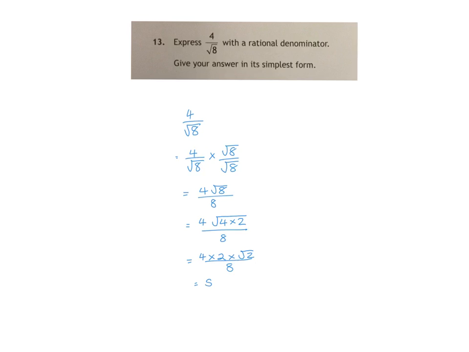So we have 8 root 2 over 8. So we can simplify that to just give us the square root of 2. The marks here come for being able to rationalise the denominator, manipulating your surd, so getting one of these two lines, showing that you know kind of what you're doing, and then your final answer gives you your third mark.